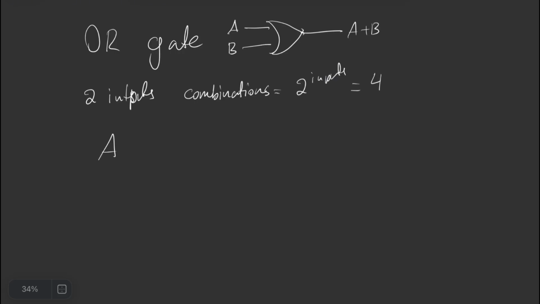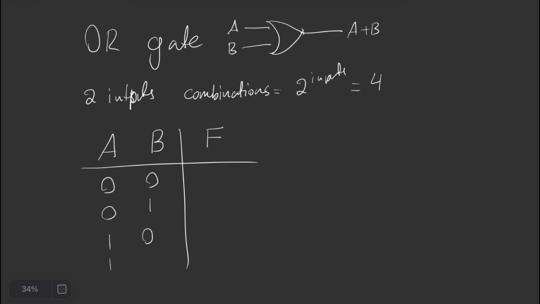So we're going to construct our truth table again with inputs and our output. We're going to do 0, 0, 1, 1, 0, 1, 0, 1. We know that 0 or 0 is 0. We know 0 or 1 is 1. We know 1 or 0 is 1, and we know 1 or 1 is 1. This is the truth table of our OR gate.